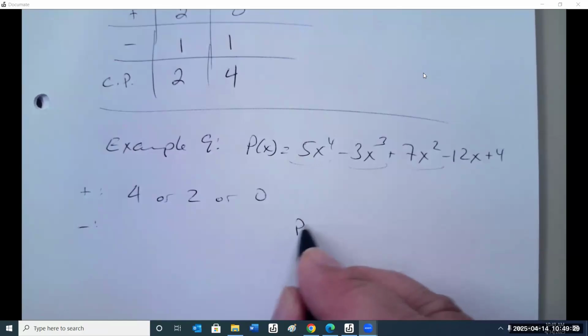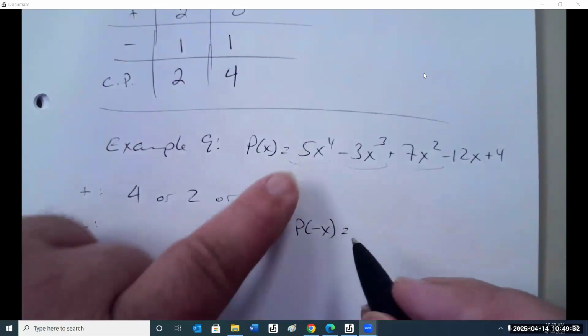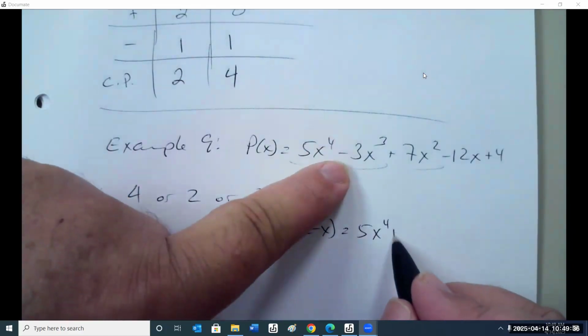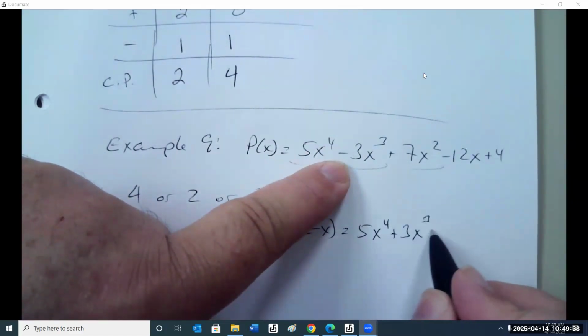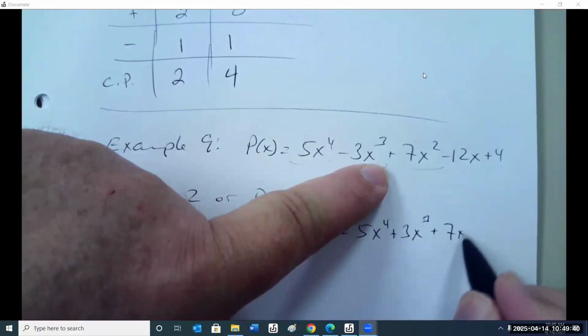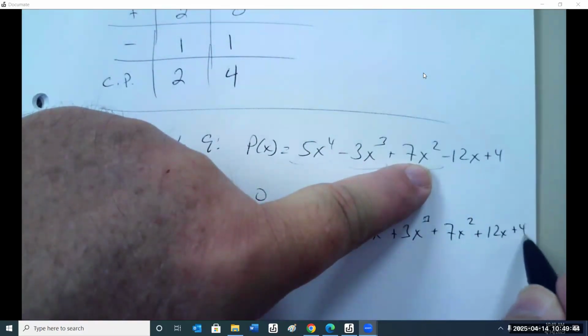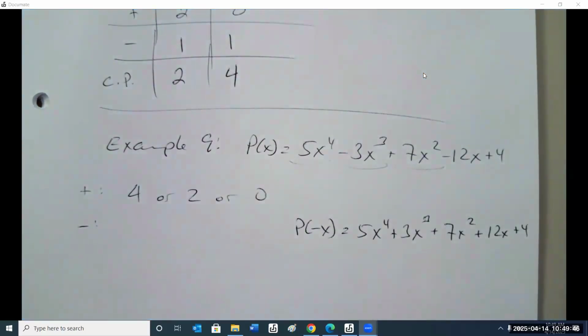Now, how about the negatives? Do we change that one? No, because it's even. We change that one. We don't change that one. We do change that one. So how many sign changes do we have here? They're all positive.